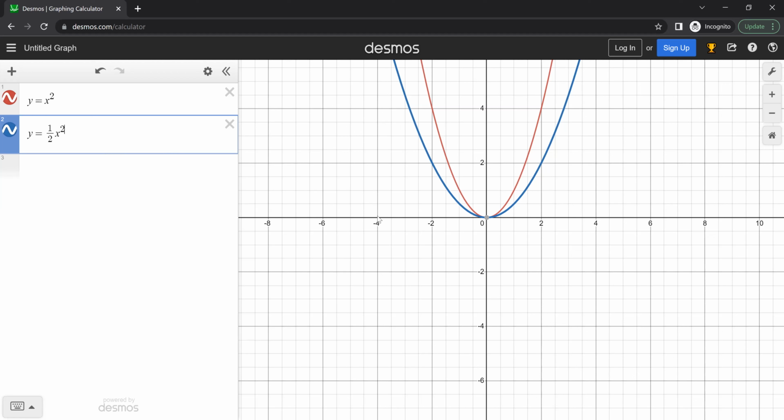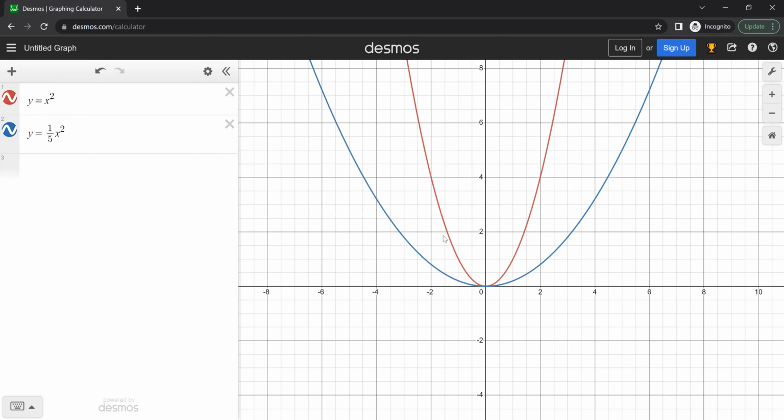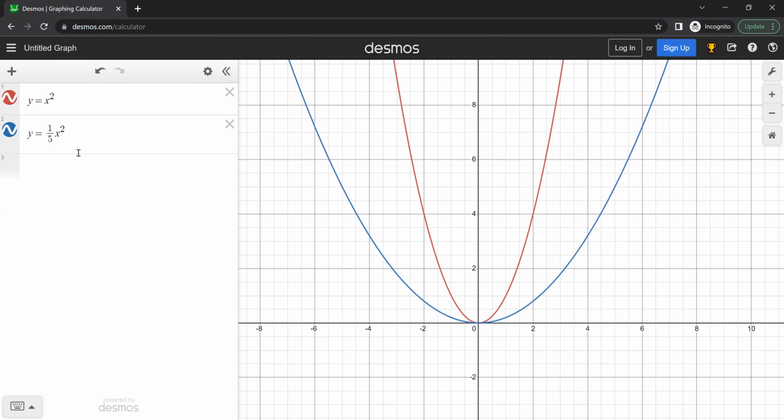How would you compare blue to red or red to blue? Well, disregard that. How would you describe those two graphs to someone else? One's wider, one's narrower. Yes, so the blue one got wider.